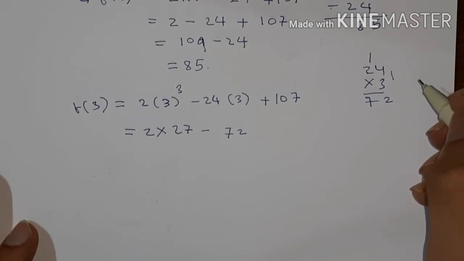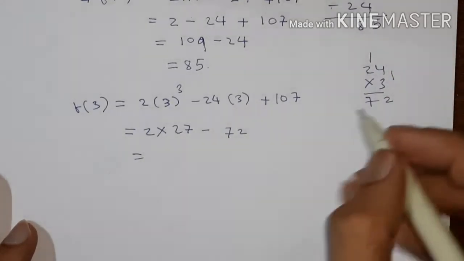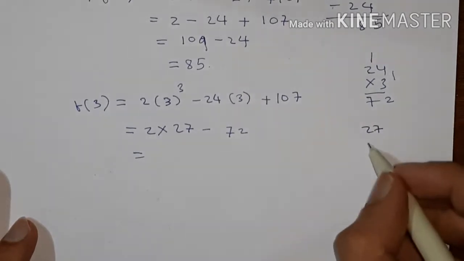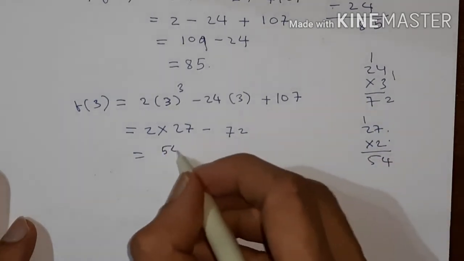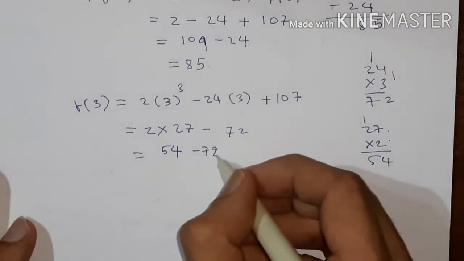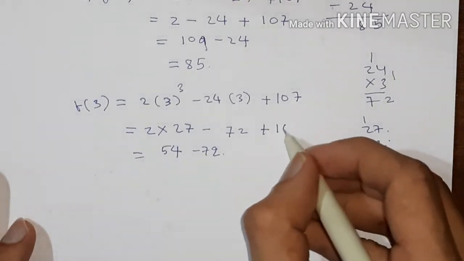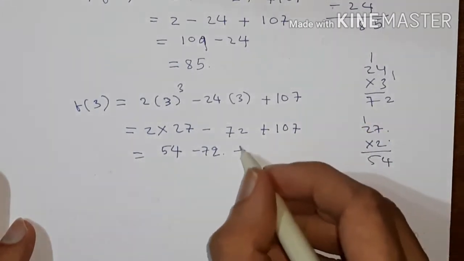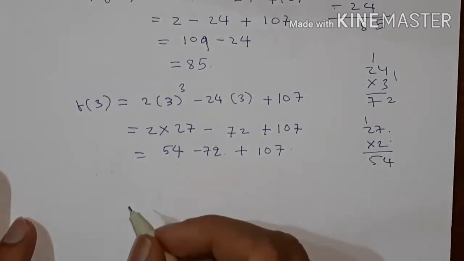So what you are getting, 2 multiplied by 27 is what? 7 2s are 14, 2 2s are 4 and 5, so 54 minus 72. And this 107 is there, I have not written it, so 107 here.